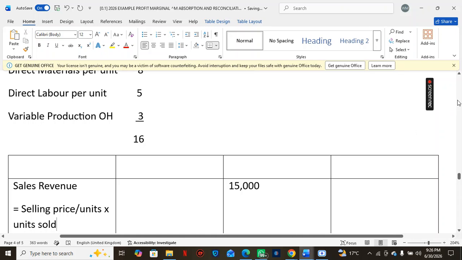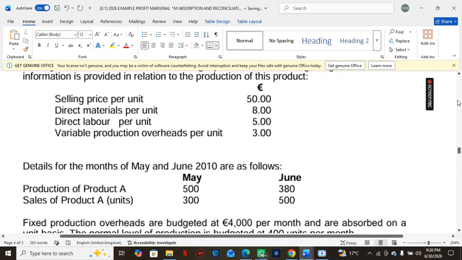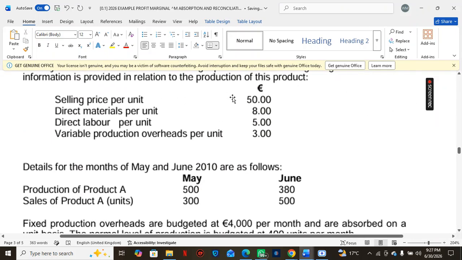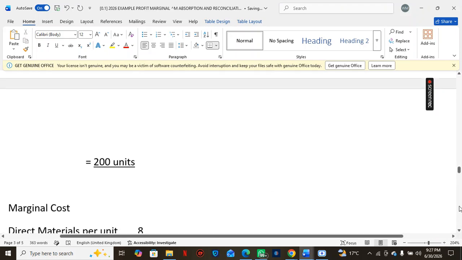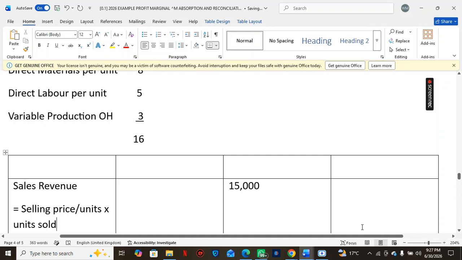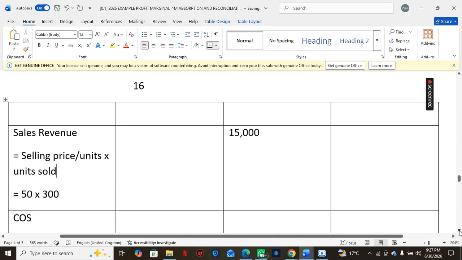So our selling price per unit, here it is in the equation, 50 euros. Number of units sold, here in the equation, 300. So 50 times 300, that is 15,000 euros.